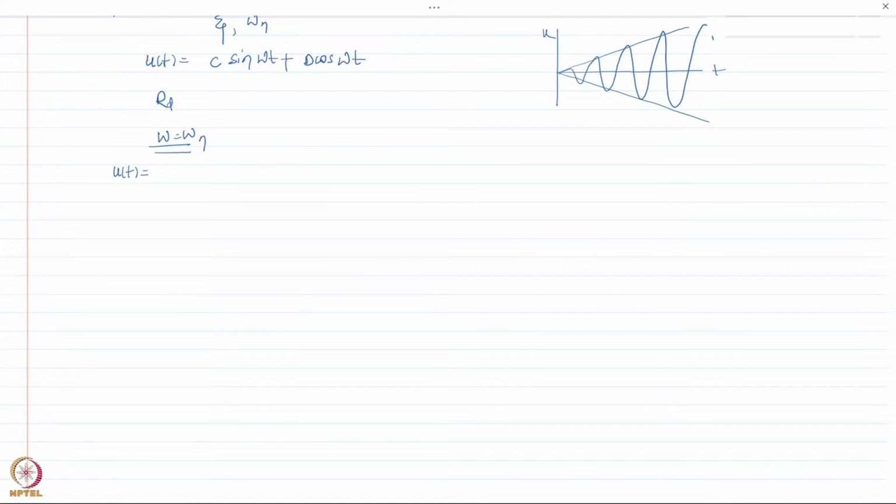Does it become unbounded, or is it bounded? So we will see. Now let us say for this value of omega by omega n, again let me consider the total solution including the transient solution.